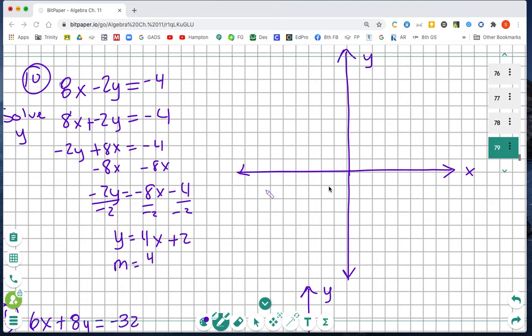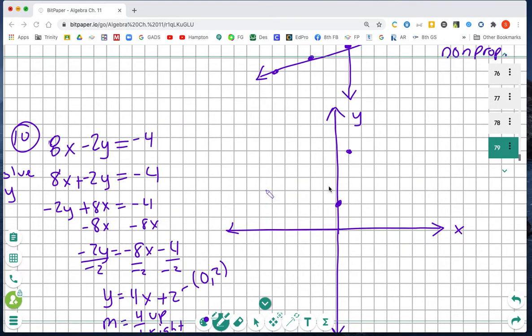M is going to be 4 over 1, up 4, to the right 1, and B is going to be 0, 2. So my y-intercept is 0, 2. Up 4, to the right 1.